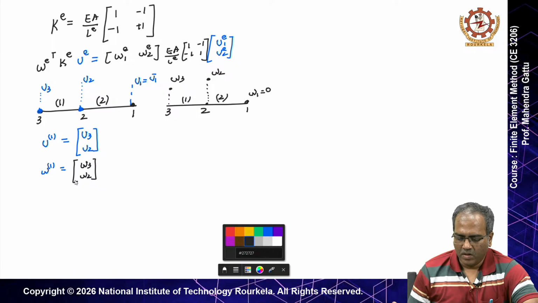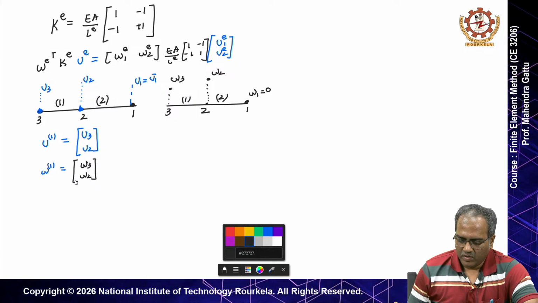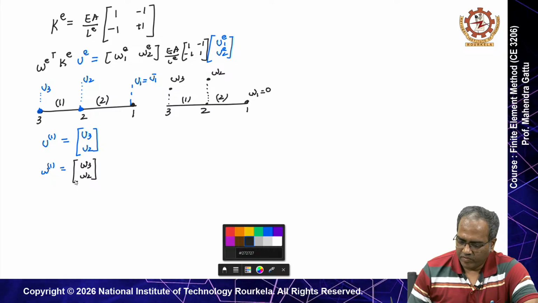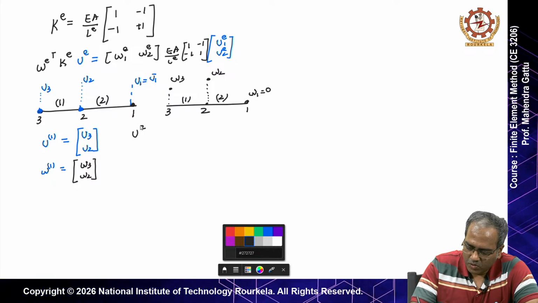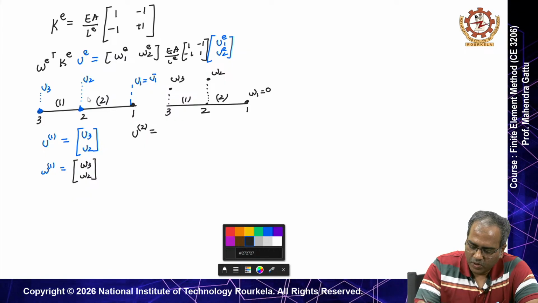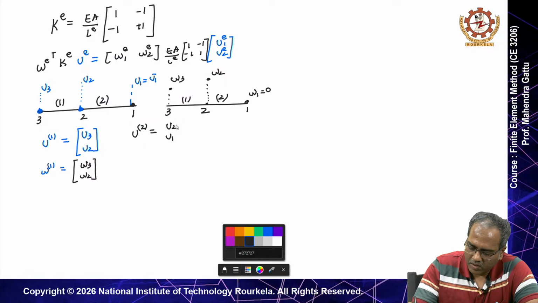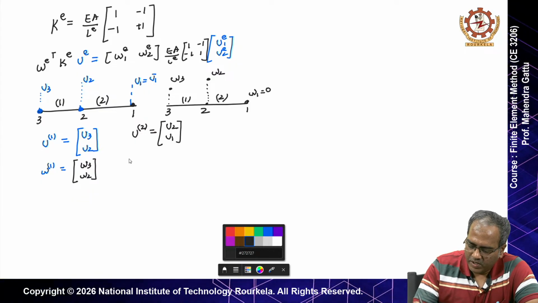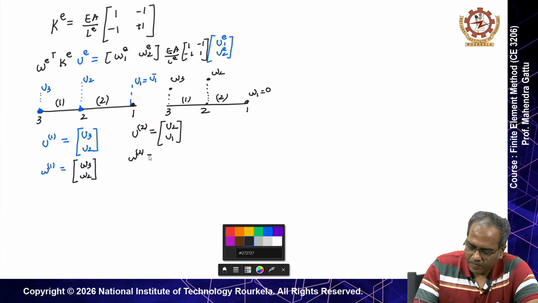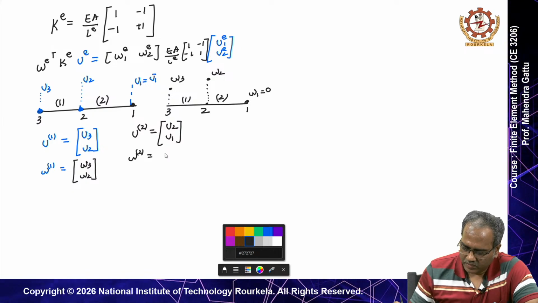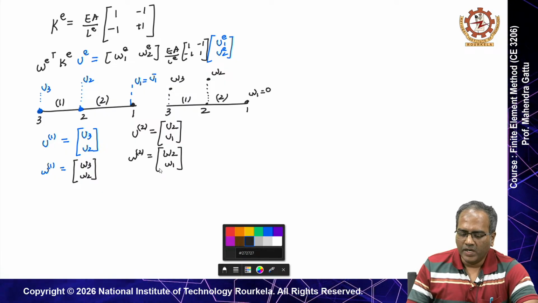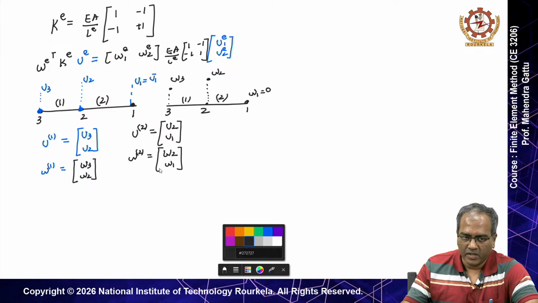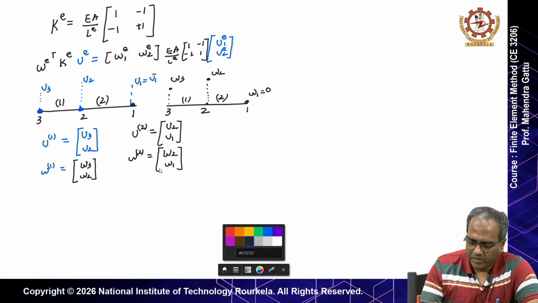Similarly, for the second element, U will be U2 and U1, and similarly, the weighting function for the second element will be W2 and W1. Okay. Now, let us evaluate W transpose Ke Ue individually and see what happens.